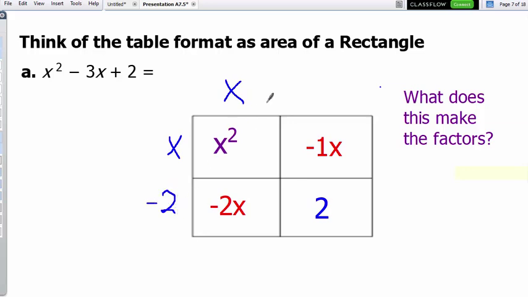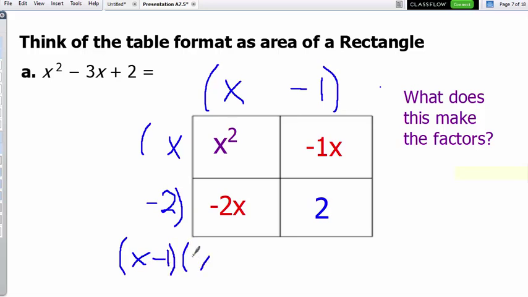Oh, that's where the negative 2 goes, and that's where the negative 1 goes. So here's one factor, and here, if we put it together, will be the other factor. So it ends up being my factored form is x minus 1. Oh, that minus 1 goes directly into the equation, and x minus 2. From there, we could solve, but our work today is to factor.